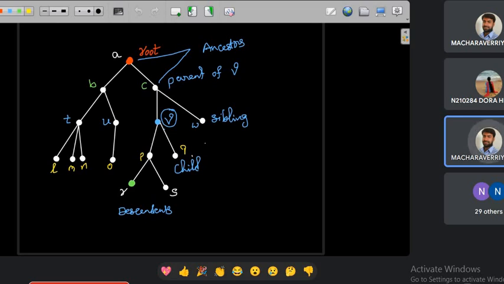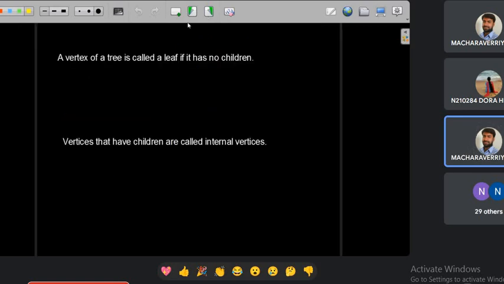So in our graphs, we call pendant vertices leaves. Whereas in the language that we define right now, with children, parents and all, a vertex which doesn't have children is called a leaf. In other words, a pendant vertex is called a leaf. So take a tree, in that a pendant vertex is called a leaf.